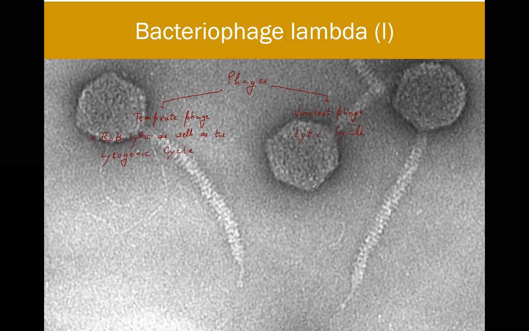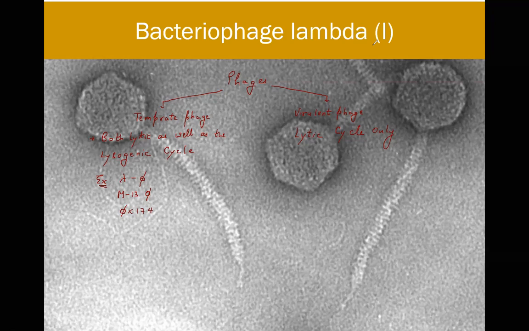In the case of temperate phage, the examples include lambda phage, M13 phage, and phiX174. The virulent phage is the phage that performs only the lytic cycle and never the lysogenic cycle.